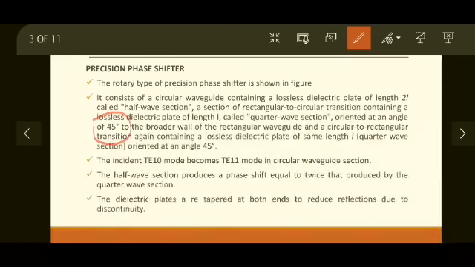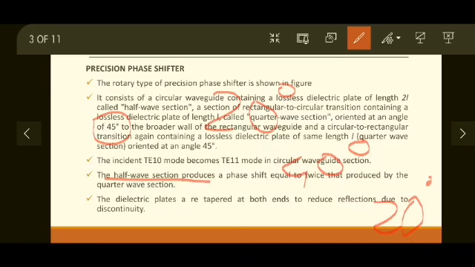It depends on the incident wave, of course. Let's assume it is producing a phase shift of 20 degrees. So the input quarter wave section is producing a phase shift of 20 degrees. Then the half wave section produces a phase shift twice that, that means 40 degrees. Again at the output, a further 20 degrees may be added by the output quarter wave section.